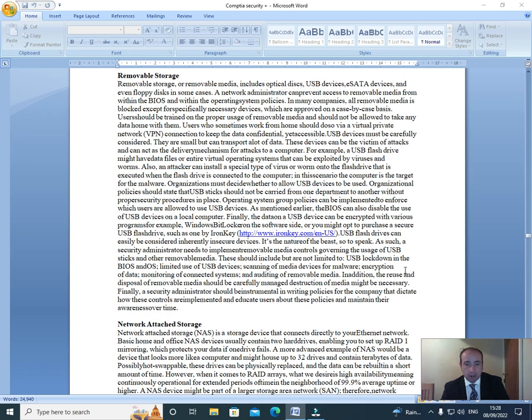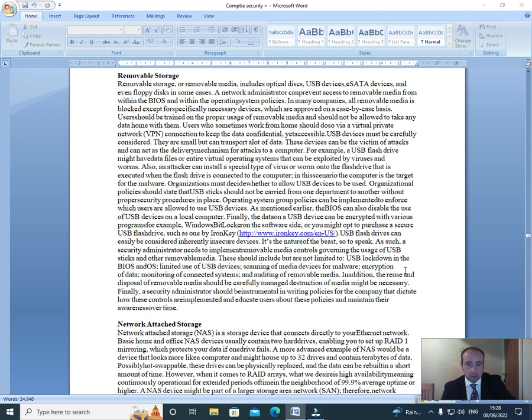Also, an attacker can install a special type of virus or worm onto the flash drive that is executed when the flash drive is connected to the computer. In this scenario, the computer is the target for the malware.